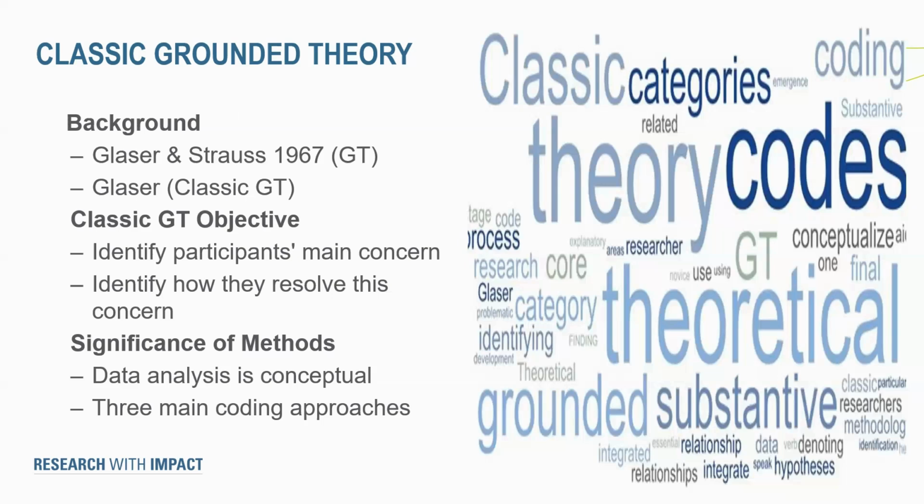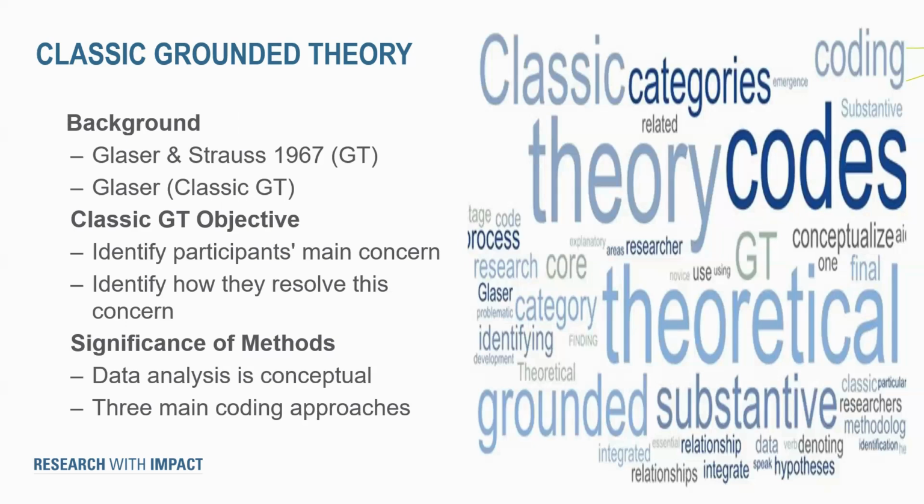Researchers conducting a classic grounded theory study set out to answer two questions. What is the participant's main concern, and how is this concern processed or resolved? Whilst other methodologies highlight participants' perspectives, often describing their experiences, classic grounded theory methods guide the researcher to develop a conceptual theory that explains the participants' behaviour when resolving their concern.